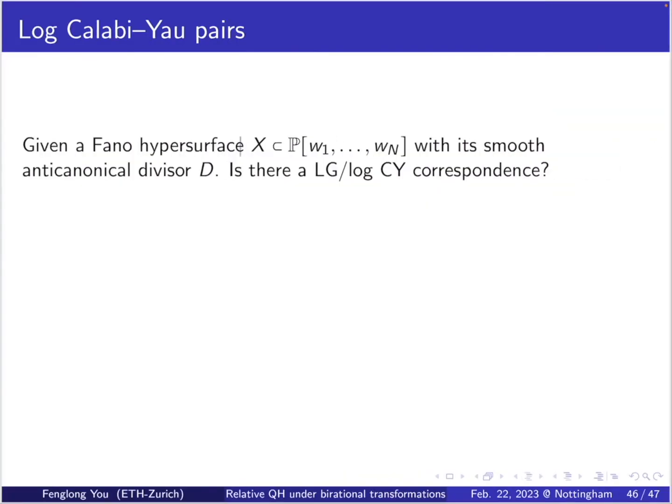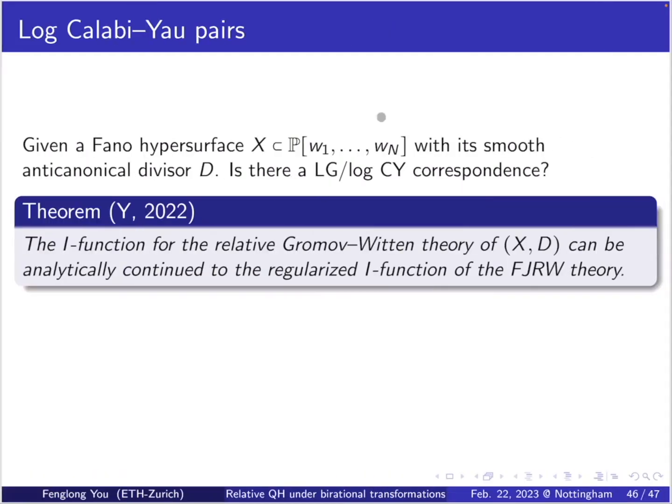And so the FJRW theory. For Fano hypersurfaces with smooth anti-canonical divisor, you can have a Landau-Ginzburg/Calabi-Yau correspondence that relates this relative Gromov-Witten theory with the regularized FJRW theory.